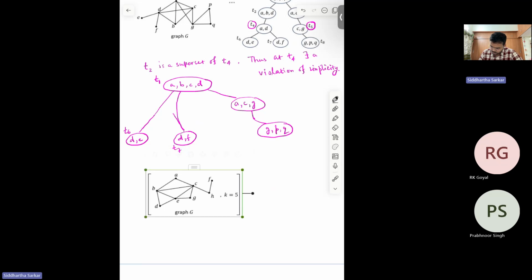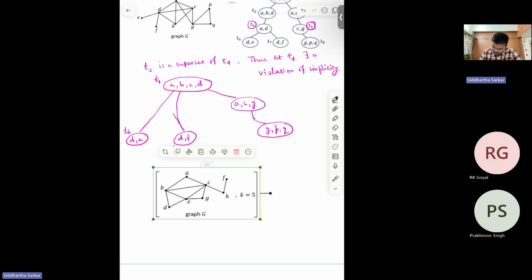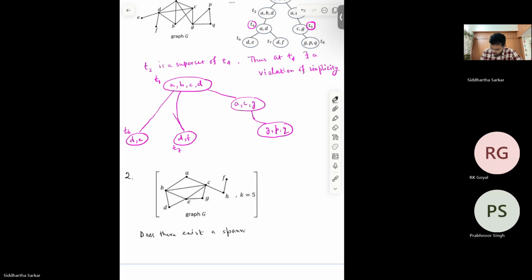Additionally, a number is given to you, which is K. And the question is, does there exist a spanning tree of G with at least K leaves? So this problem is called the max leaf spanning tree problem.